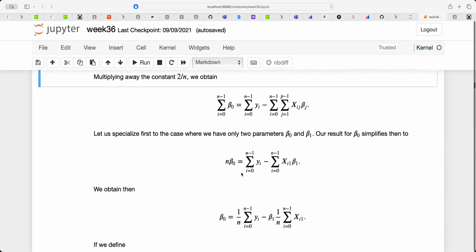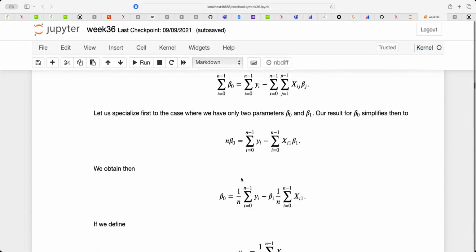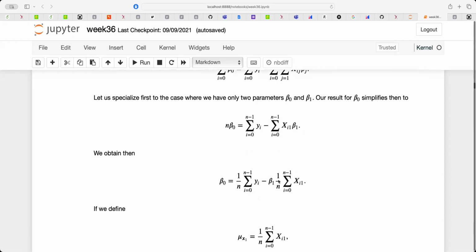So that means that you can define beta 0 in terms of the mean value of the output minus the parameters here. If you now only have beta 1, only 2 parameters, you're fitting a straight line just to make life simpler. But in principle, you should have all the other beta values. Then, when you have calculated beta 1, these are known quantities. And actually, this is just the mean value of a given column.